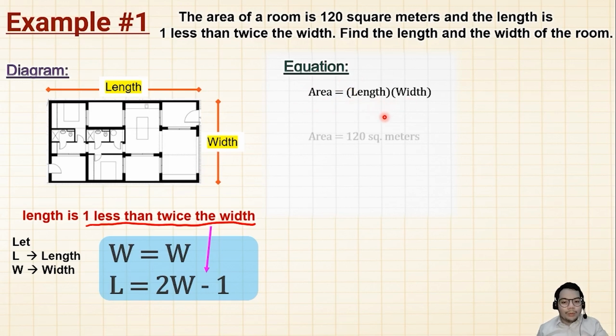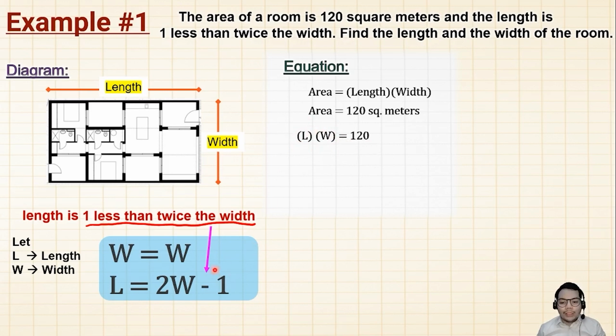And from the problem itself, the area is equal to 120 square meters. Diba? Kasi length times width is equal to area. Area is equal to 120. Therefore, length times width is equal to 120.